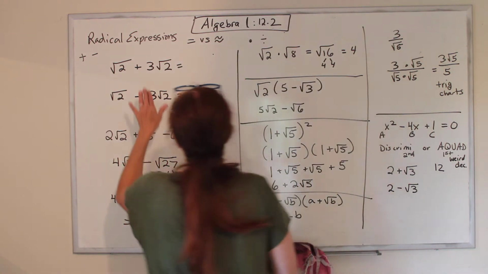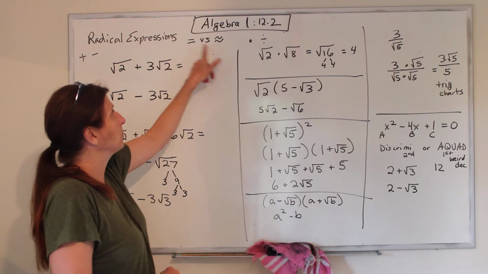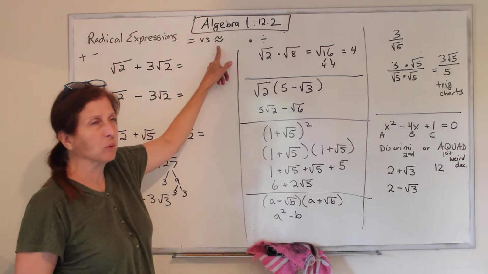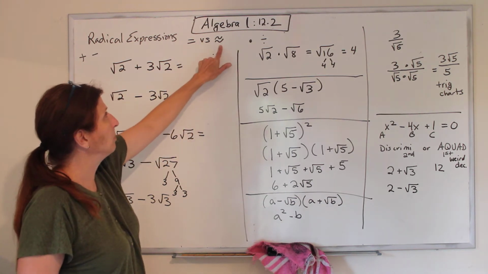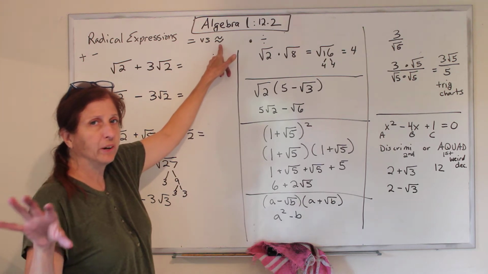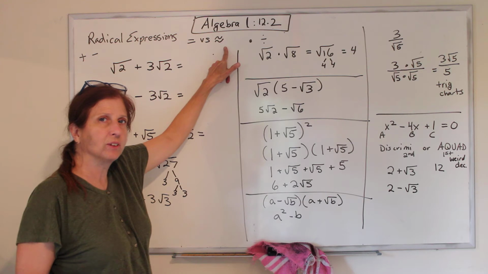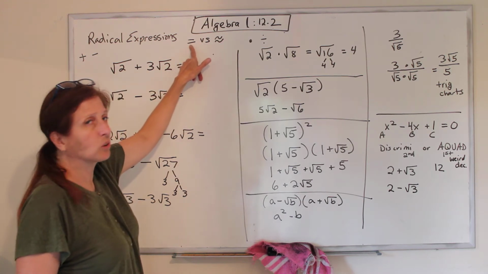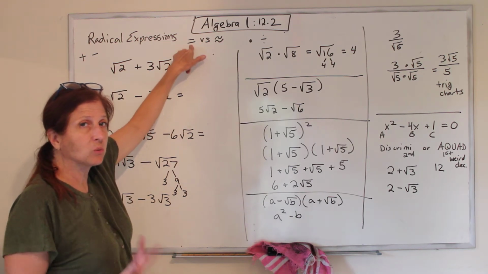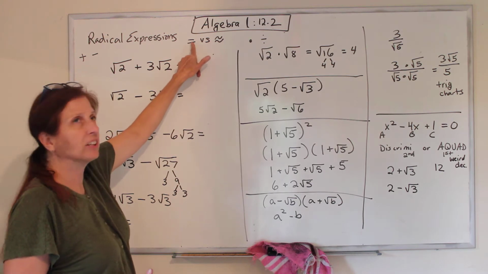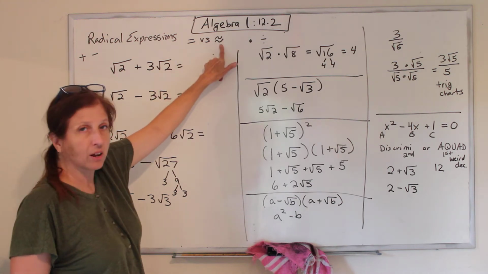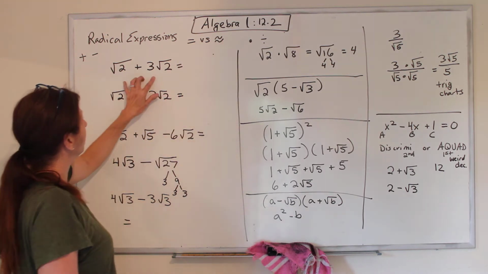It's because there's a difference between equals and approximately equals. If you put it in your calculator, it will give you a weird decimal that is approximately equals. It's rounded off. And it is more correct to leave it as a radical, and then it's actually equals instead of approximately equals.